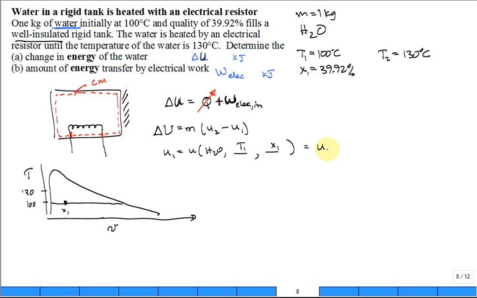Get u_f, add to it X1 times u_g minus u_f. True? Is that what you're leading me to? Does that all make sense? How do I get u2? Well, don't leave the steam tables. Stay in the steam tables somewhere. What two independent intensive properties do I know or can calculate?